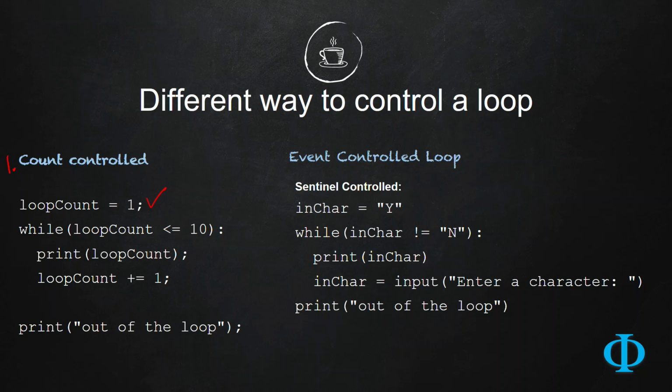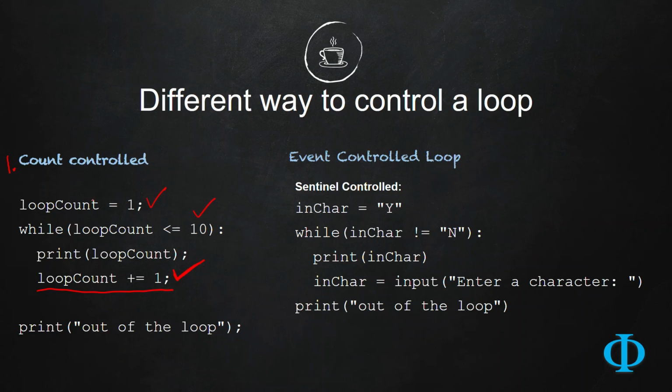It starts from a number and it can go until a condition is fulfilled, and then in the modification part of this count controlled loop, the loop control variable is actually going through some kind of arithmetic operation in order to modify the loop control variable.